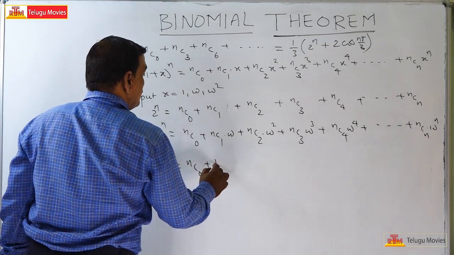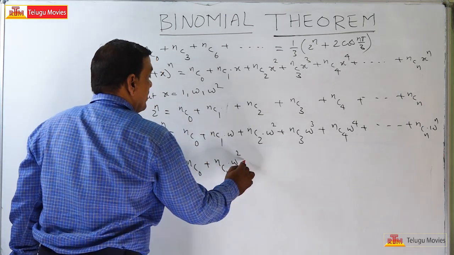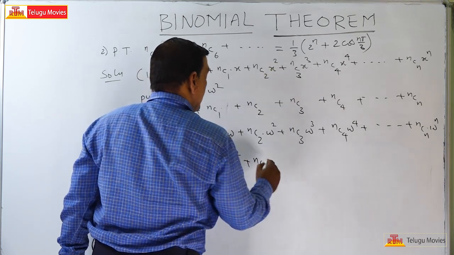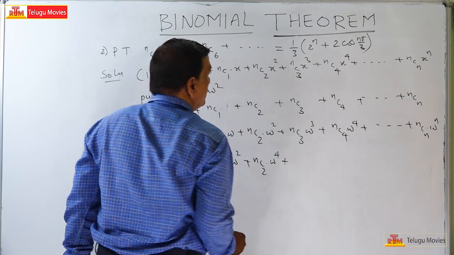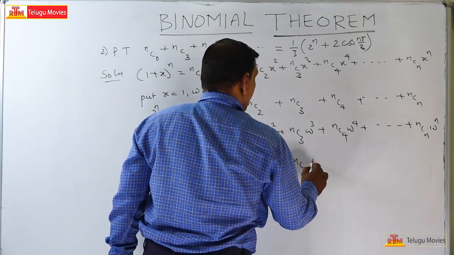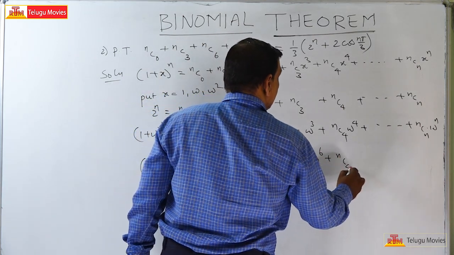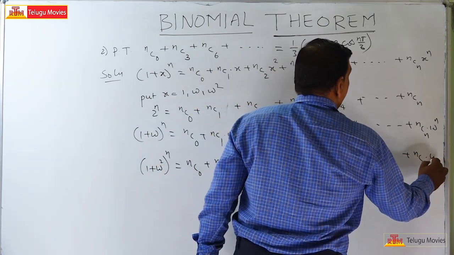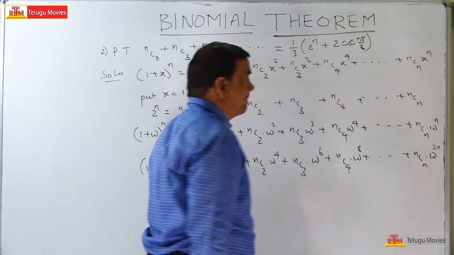So, nC0, nC1 into omega square, nC2 into omega power 4, nC3 omega power 6, nC4 omega power 8, and so on, nCn omega power 2n.